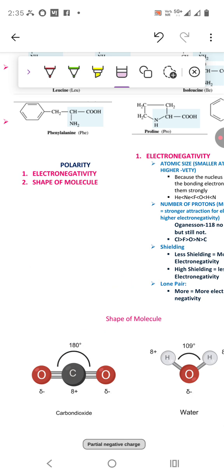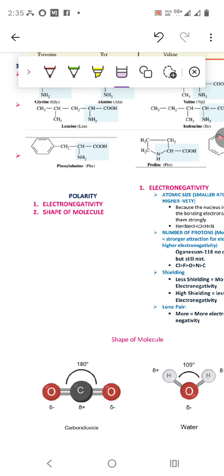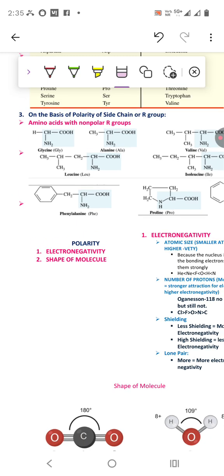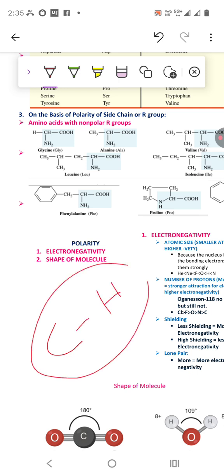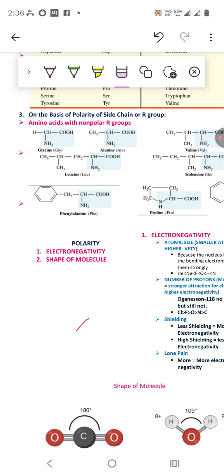Since their difference is very minimal, they pull equally, that's why the carbon-hydrogen bond is considered non-polar. So these are the compounds having non-polar side chains.